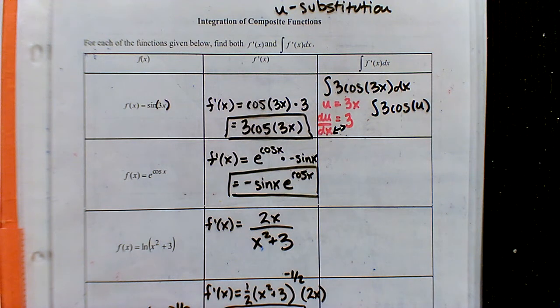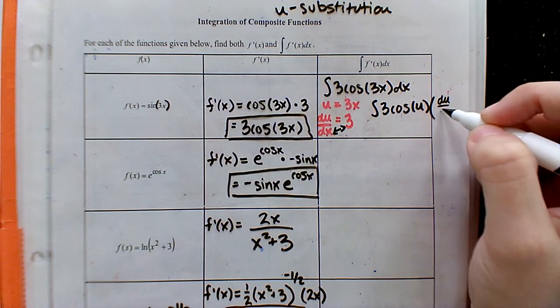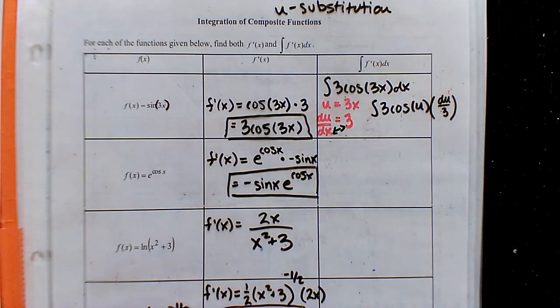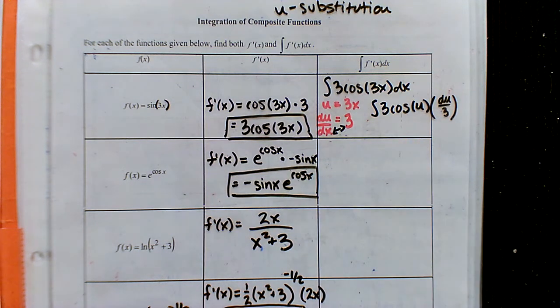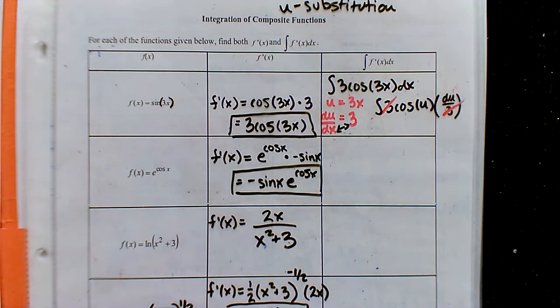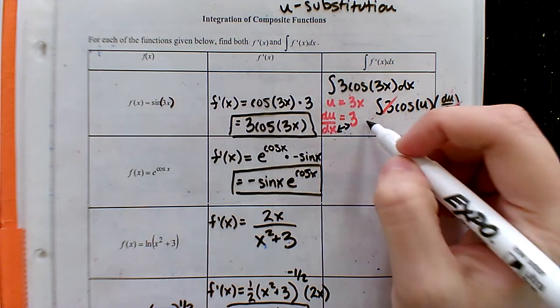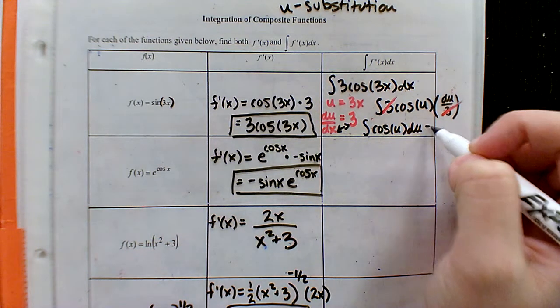Can you see how those would switch? So instead of dx, we'll have du over 3. Notice how all the x's are gone, right? We just have u's in there. Do you notice anything that's going to happen now that we rewrote it? The 3's will cancel. So all we're left with is the integral of cosine of u du.